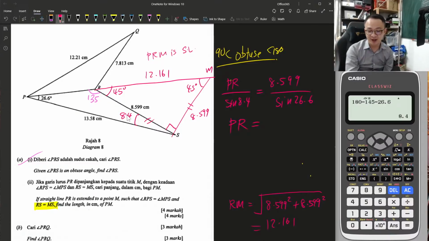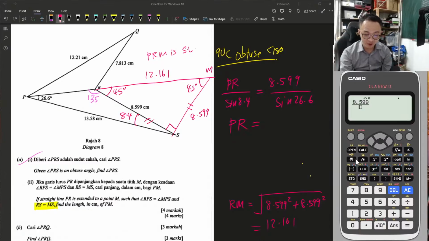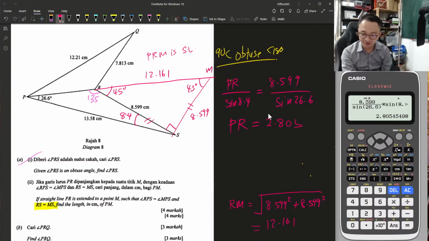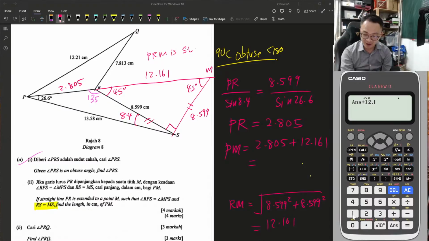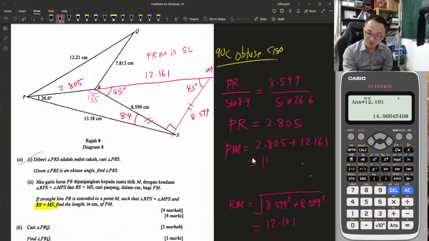Then I can get my PR here, which is 2.805. So PM is equal to 2.805 plus 12.161, which is 14.97, or 14.966 centimeters.